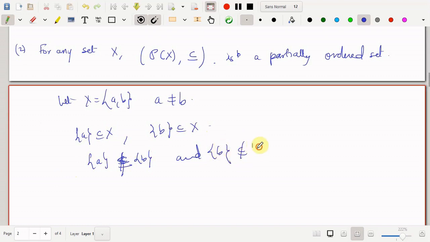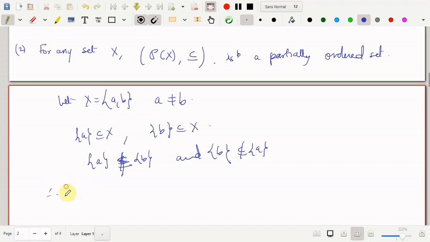So we could find two sets in the power set of X which are not related either way, and therefore if X is a set containing more than one element, then it is not a totally ordered set.